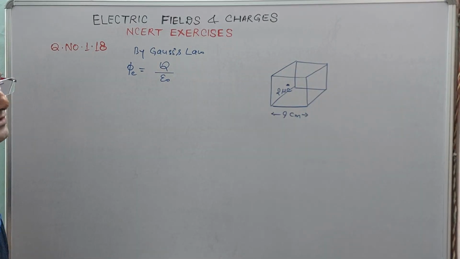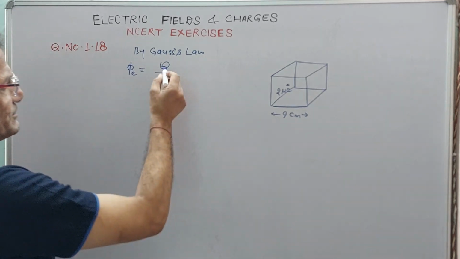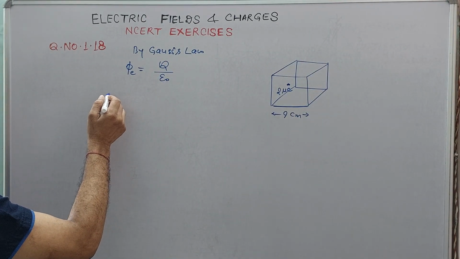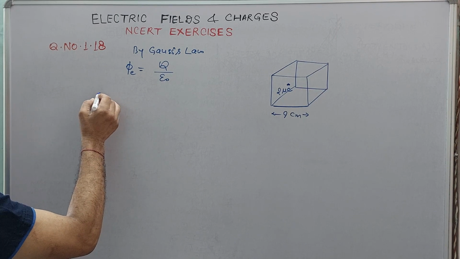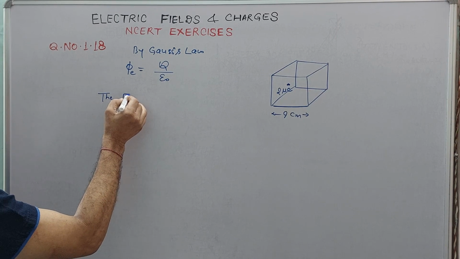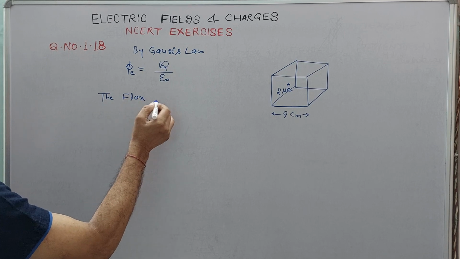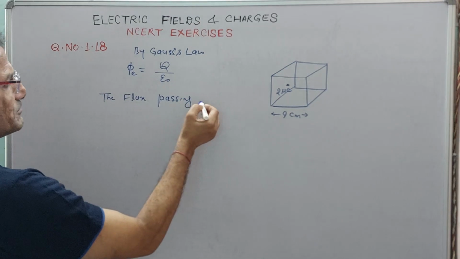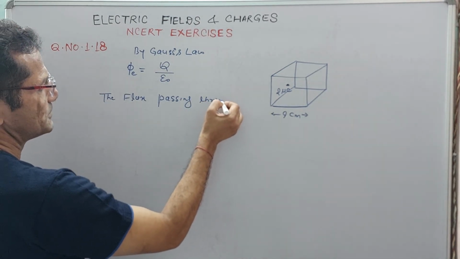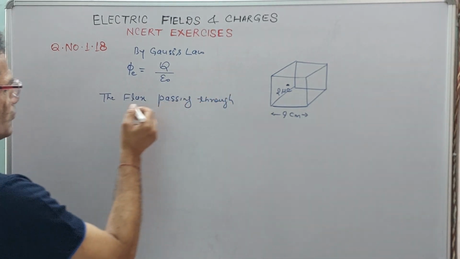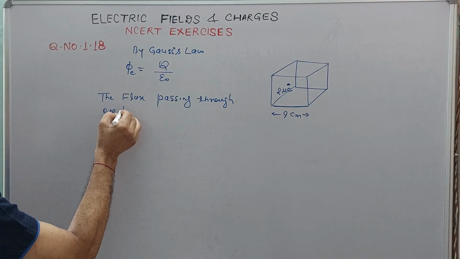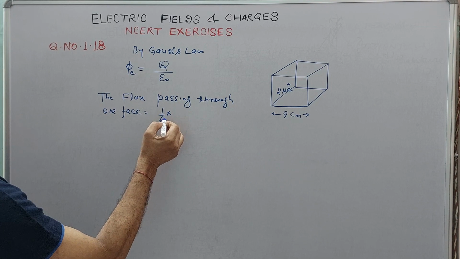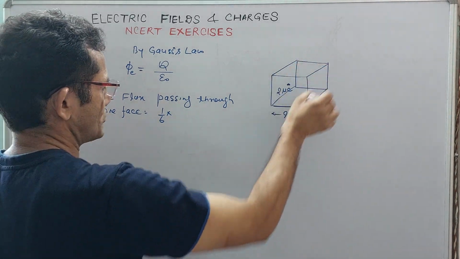The flux passing through one face is just this divided by 6, that is, 1/6 of the total flux passing through all faces of this cube.